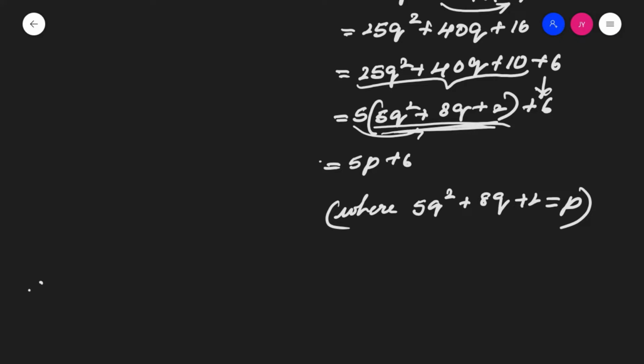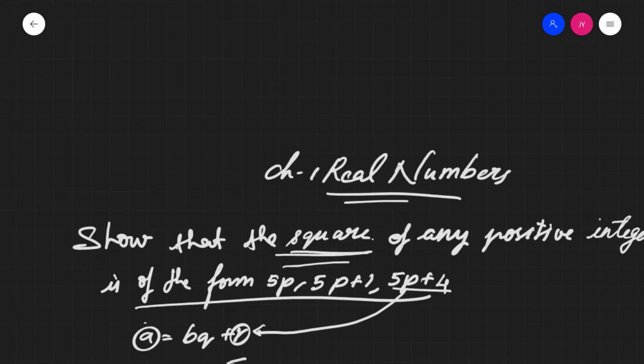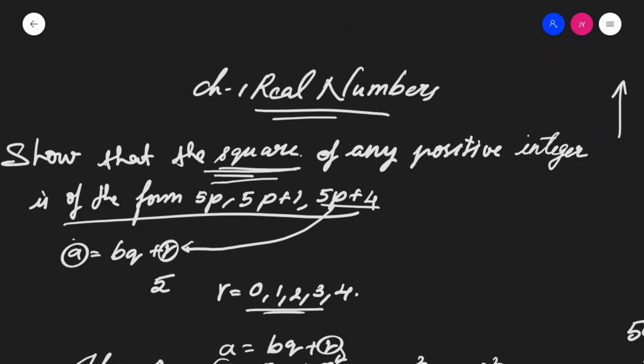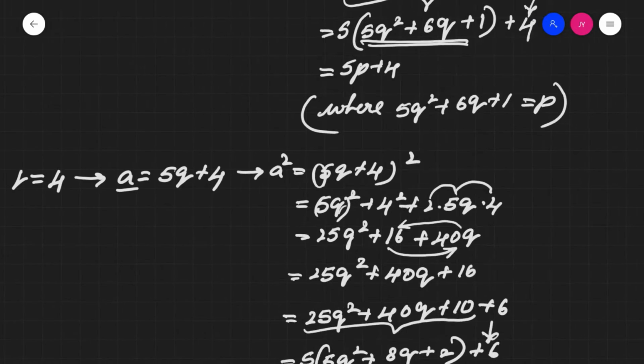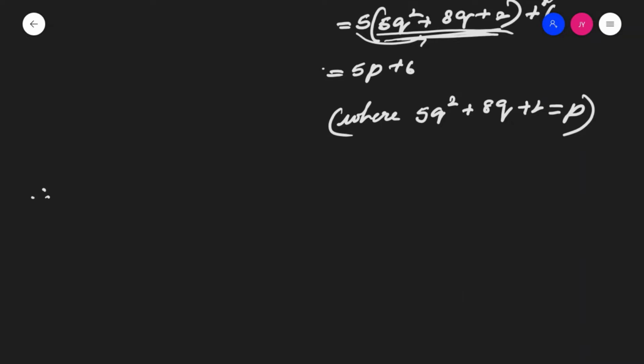So we are going to write the statement from the question like, square of any positive integer is of the form 5p, 5p plus 1 or 5p plus 4. What are you going to write?